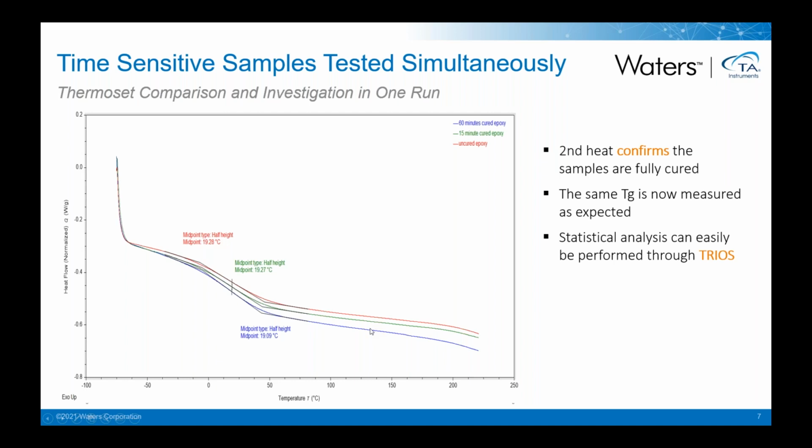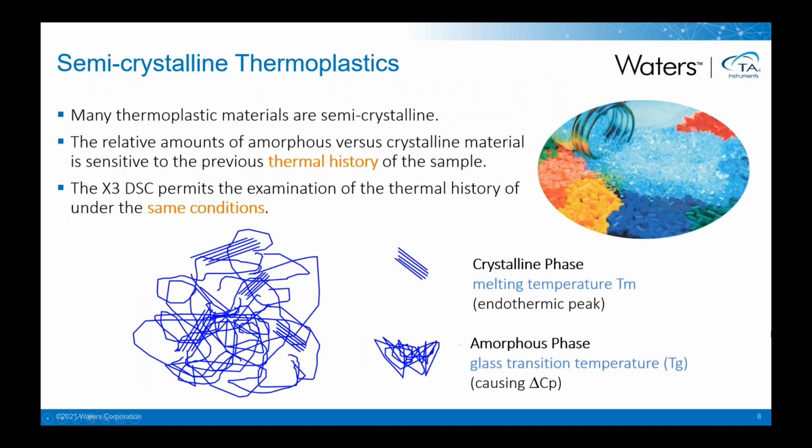So maybe we could make the conclusion that the samples had gone through different curing schedules or different processing. But in each case, we've made, let's say, 1 test, made up 3 samples, ran through a heat-cool-heat experiment, and we have 3 data sets that we can then either formulate some sort of conclusions and comparisons from, or take that data and look at a statistical relevancy.